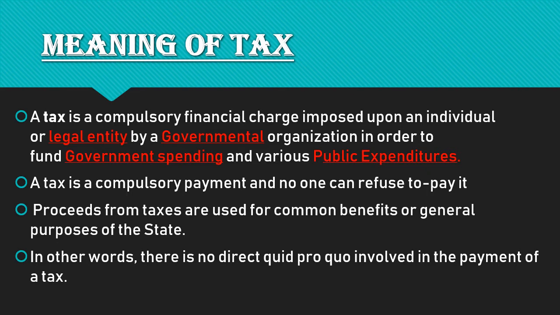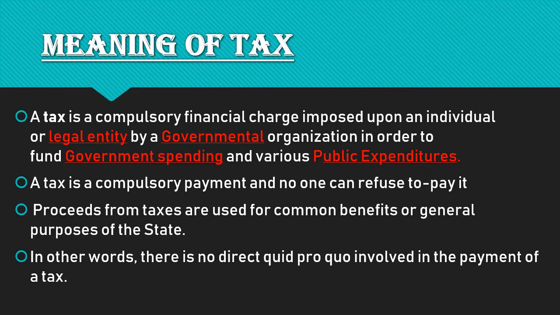If a person fails to pay a tax, he is liable to penal action. A penalty will be given by the government to that person if he fails to pay the tax. Basically, paying tax is a kind of compulsory payment. No one can deny this payment. They have to pay the government an amount on the income earned by the person.